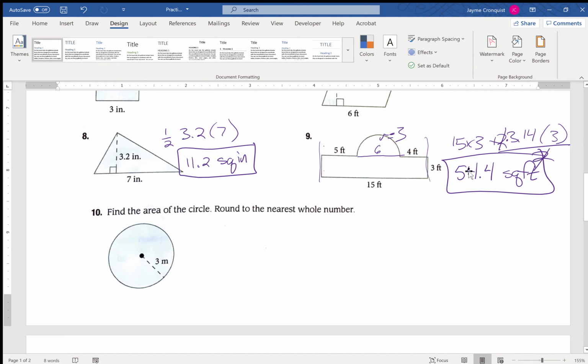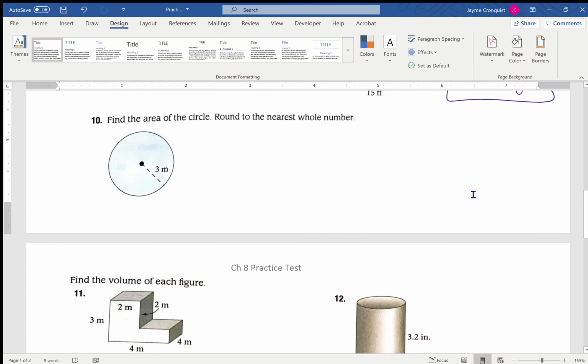Alrighty, number 10. Find the area of the circle. That's our pi r squared. So we have pi, which is 3.14, times r squared. R is 3. 3 squared is 9. Okay, it's pi r squared, which for us is 3.14 times 3 squared. Well, that's 9.